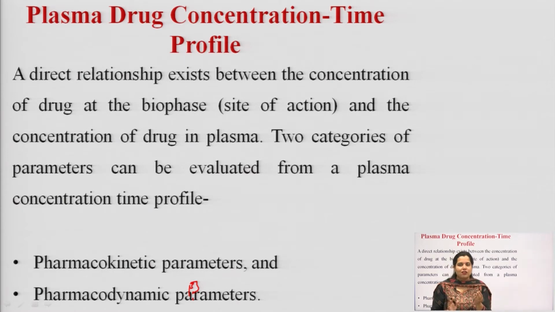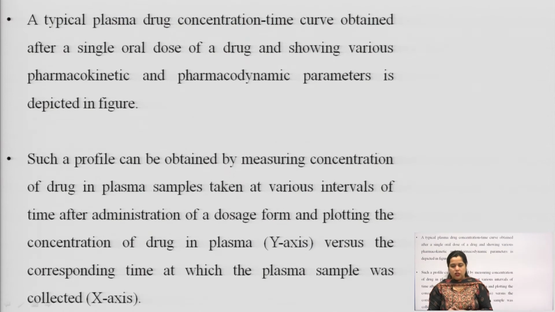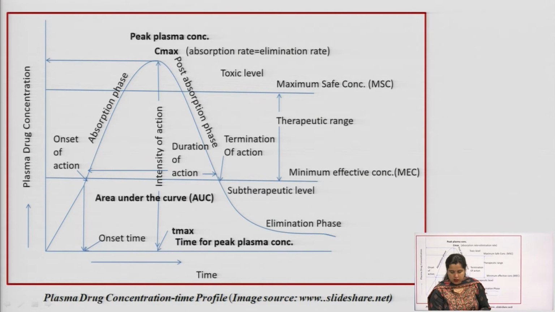Only after reaching the plasma will the patient get the desired effects: pharmacokinetic parameters and then pharmacodynamic parameters. A typical plasma drug concentration time curve obtained after a single oral dose of a drug, showing various pharmacokinetic and pharmacodynamic parameters, is depicted in the figure. The figure will be in the next slide.